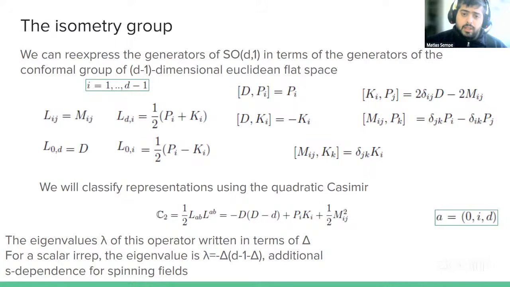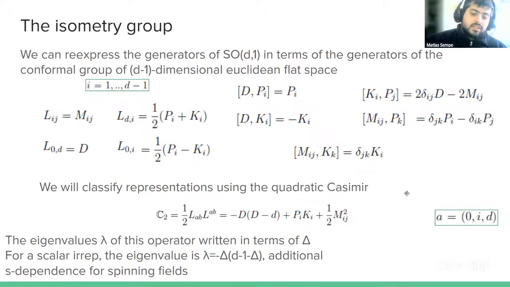So we will not use a lot about this Euclidean flat space of D-1 dimensions, but it's nice to see that we can recover a known algebra that we'll study when we do conformal field theory courses. So we have the generator series, and we see that here, and as you can see with my mouse, the quadratic Casimir in general can be written as this.